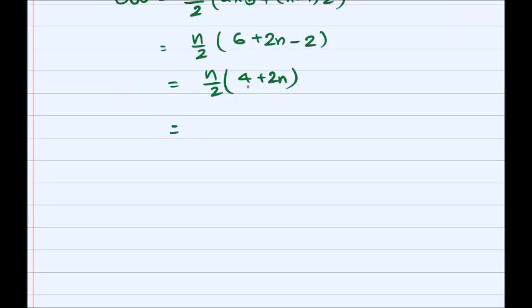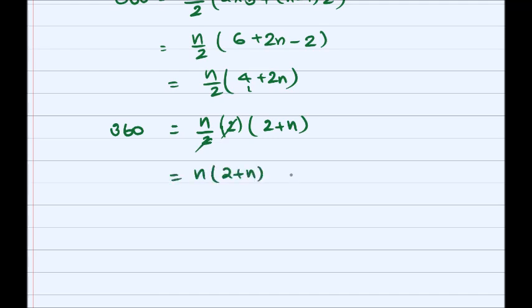Taking 2 as common here, 360 is equal to n by 2 into 2 into 2 plus n. These two 2s cancel. So we will get n into 2 plus n, that's equal to 2n plus n square. So we will get a quadratic equation, n square plus 2n minus 360 is equal to 0.